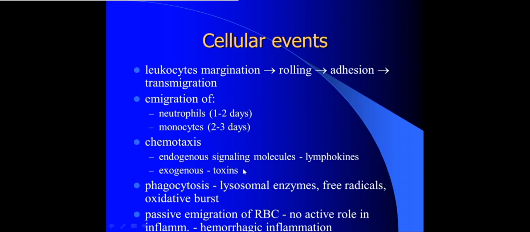Endogenous signaling molecules are like lymphokines, and every exogenous substance acts as a foreign substance or toxin for our body. Clear? Next is phagocytosis: lysosomal enzymes, free radicals, oxidative burst. Passive immigration of RBC, no active role in inflammation, hemorrhagic inflammation.